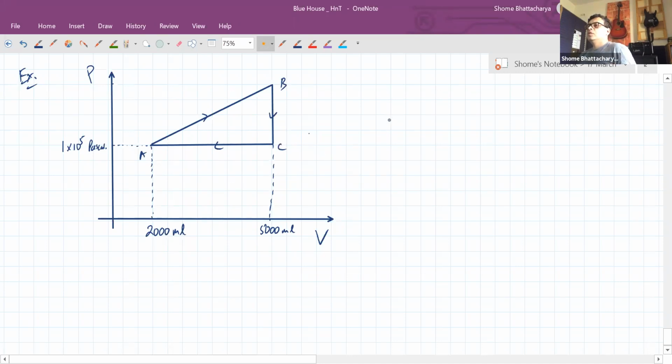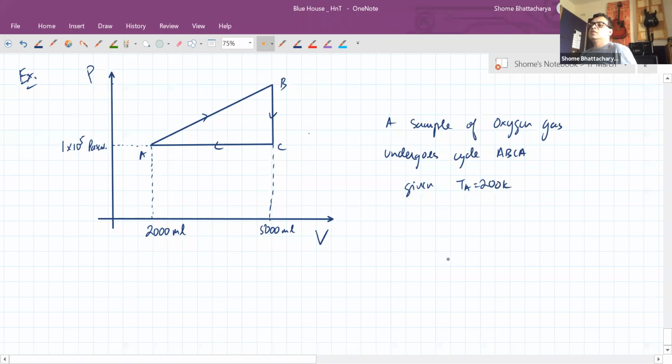So a sample of oxygen gas undergoes the cycle ABCA. Given that the temperature at A is 200 kelvins.